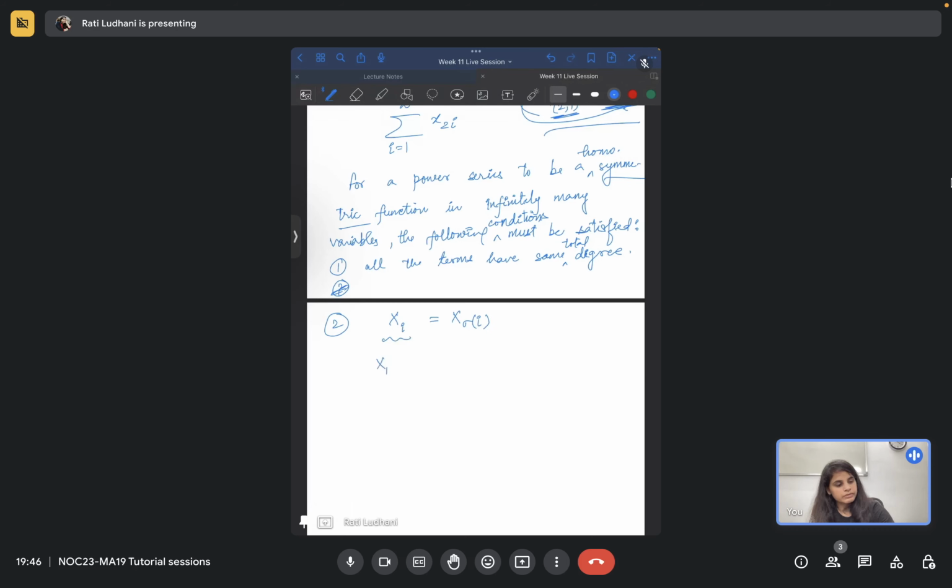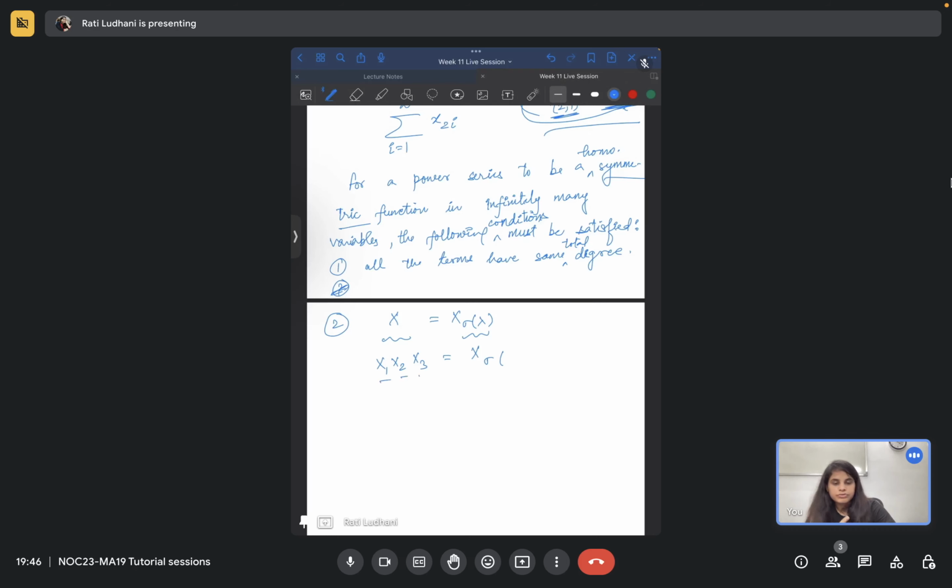For example, if you have x1 x2 x3, then you must have sigma of lambda, where lambda is 1, 2 and 3.